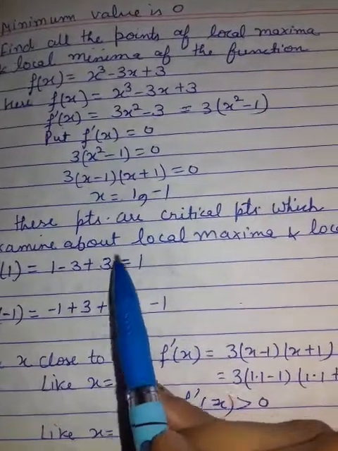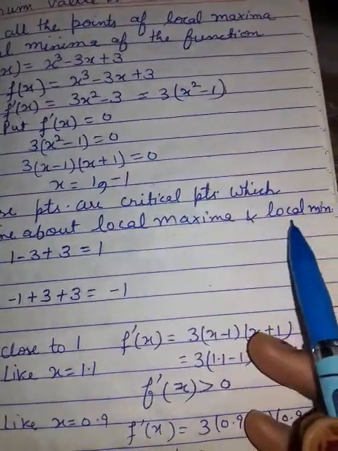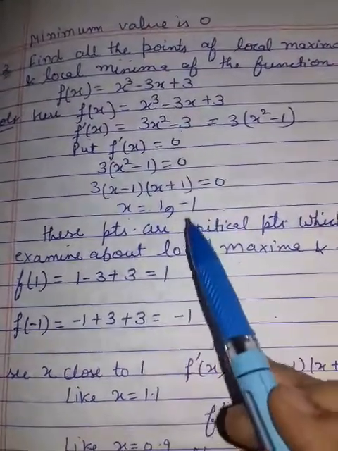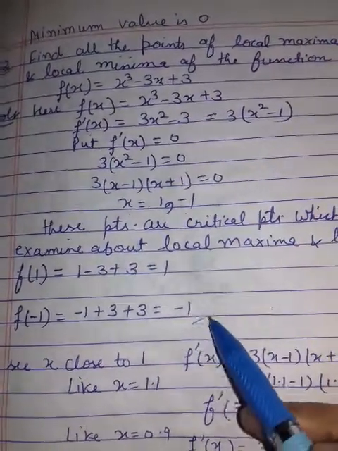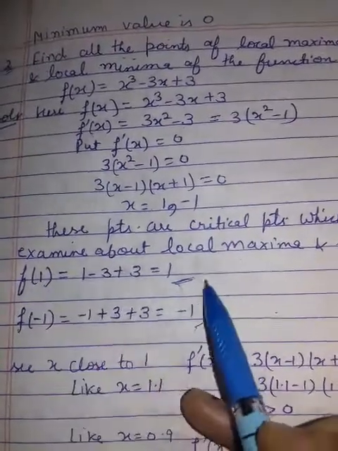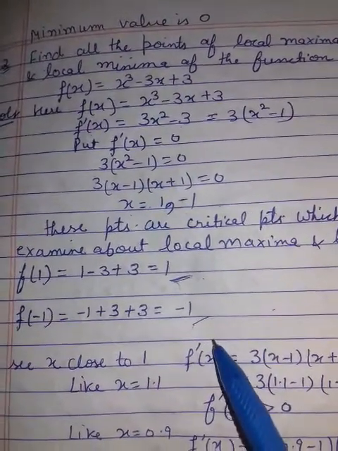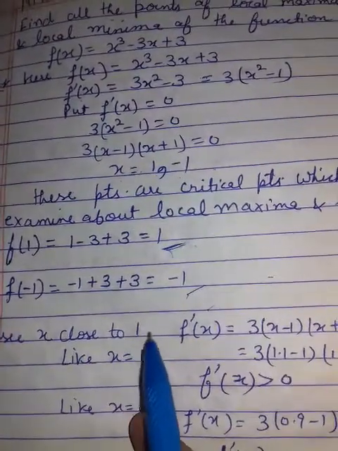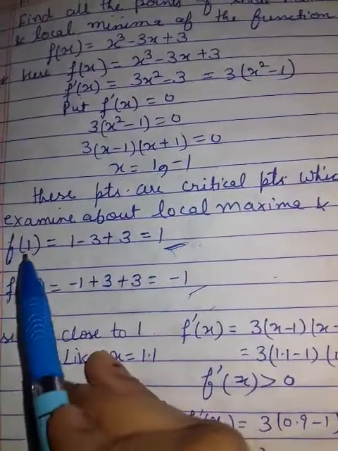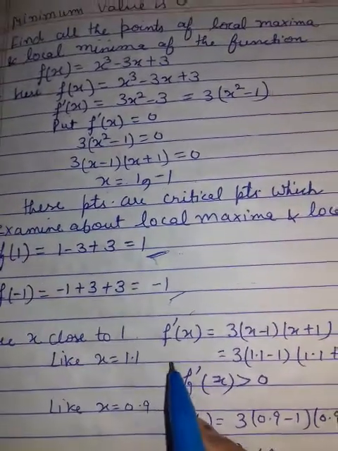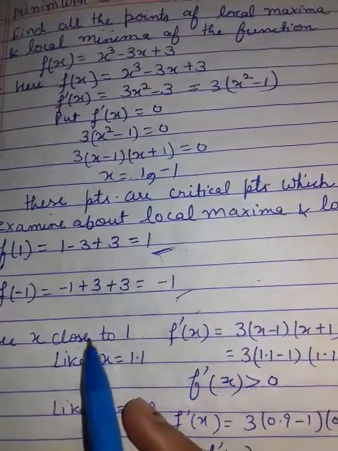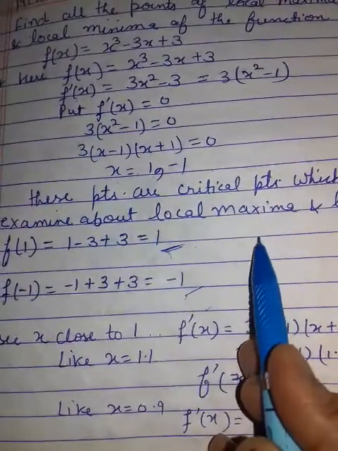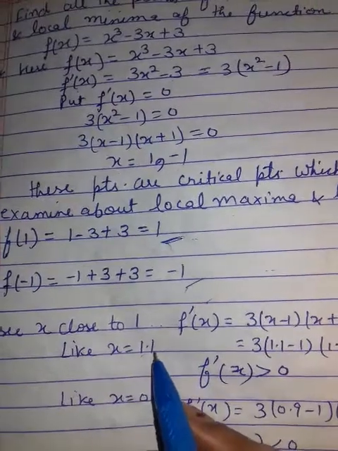Now we examine these for local maxima or local minima. I put these values in f: f of 1 I got 1, f of minus 1 I got minus 1. It doesn't matter if you get the same value, it can be different also. See now, x close to 1. Whenever you are seeing x close to 1, you first take the right side of 1, slightly more than 1. I have taken 1.1.